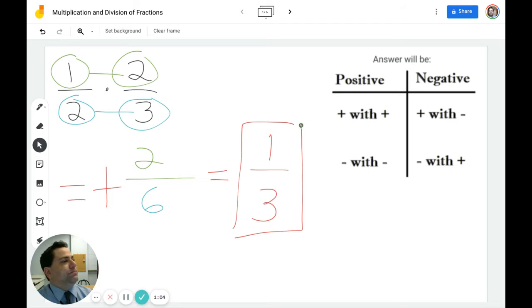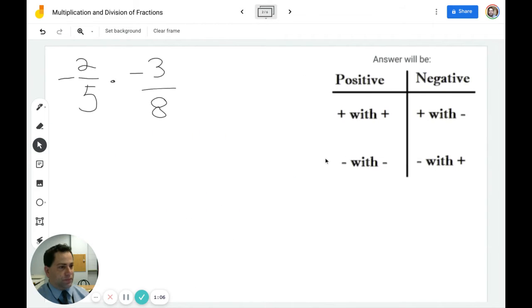Let's try another example. In this example, we have negative 2/5 times negative 3/8. So again, it's a negative times a negative. Therefore, my answer is going to be a positive.